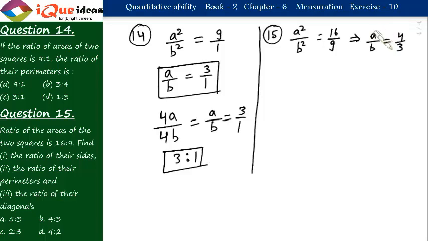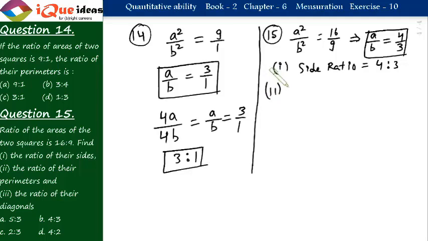So we get the ratio of sides, that is the first one. So side ratio is straight away equal to 4 is to 3. Now second one is the perimeter ratio, ratio of their perimeter. So very simply, perimeter ratio, as in the previous question we did, is straight away equal to 4A is to 4B.